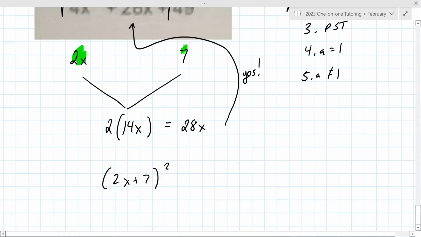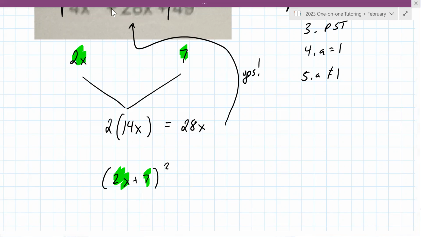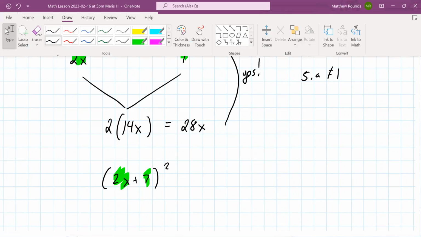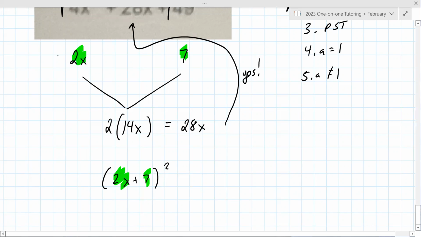That came from the square roots. I know we haven't done much on perfect square trinomials, but that is what you're looking for. Square root of the first, square root of the last, multiply them together, double it. Is that the middle term? Yes, it is.